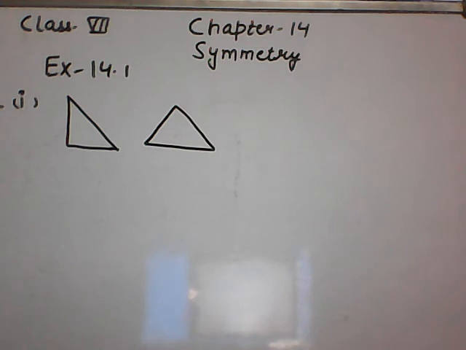In this question, you have to identify which of the following figures are reflections of one another. While dealing with mirror reflection, it is necessary to note the left-right changes in the orientation. These two figures are given to you.